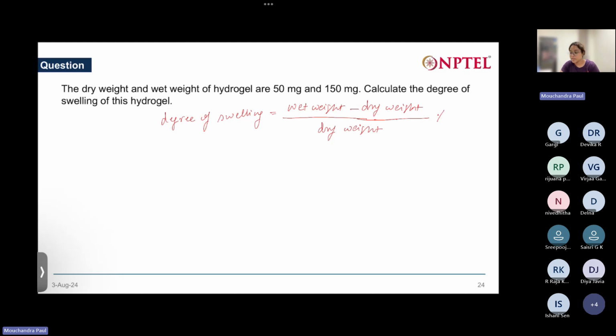So we are given the values for dry weight and wet weight, so we just put those in: 150 mg minus 50 mg, divided by 50 mg, into 100. So we'll get the percentage. It's 100 by 50, right? It is 200%.